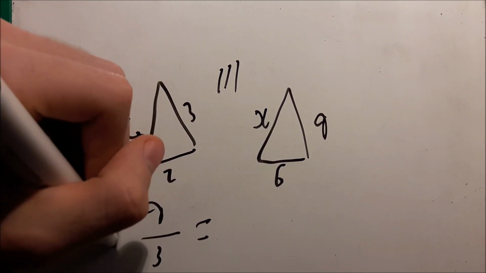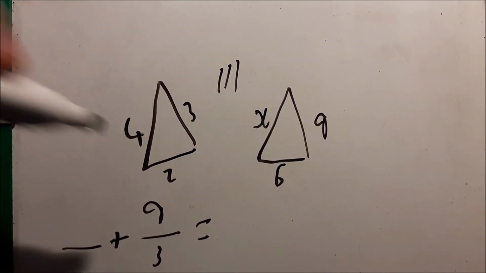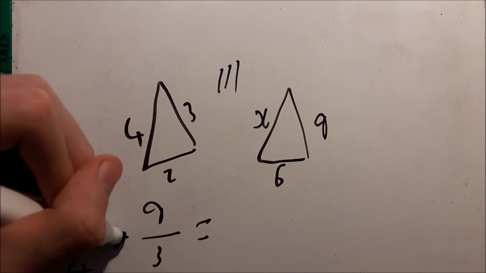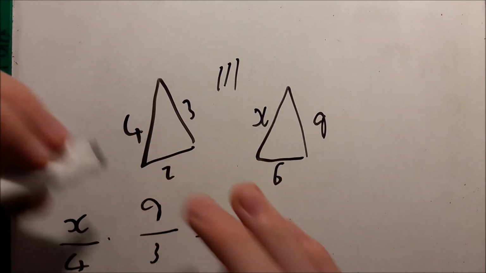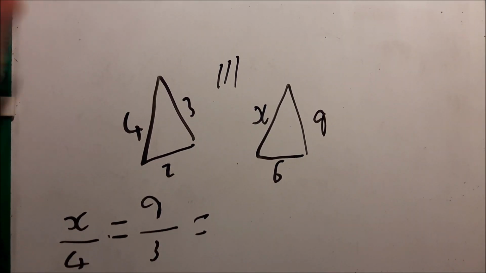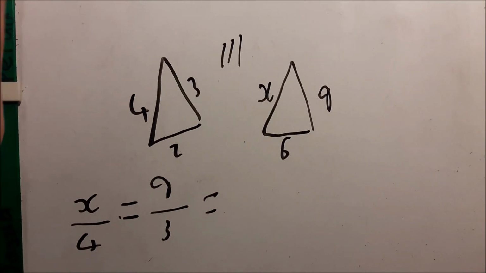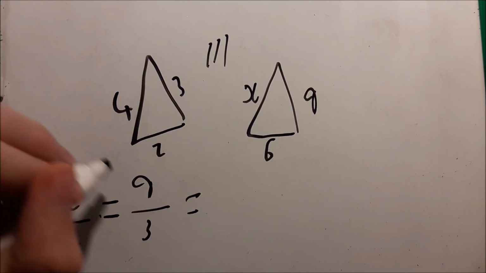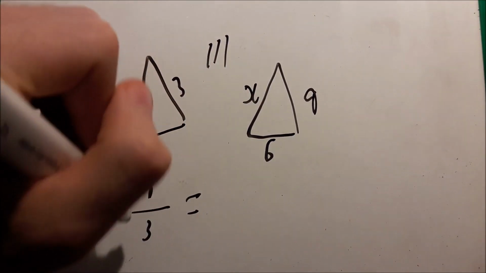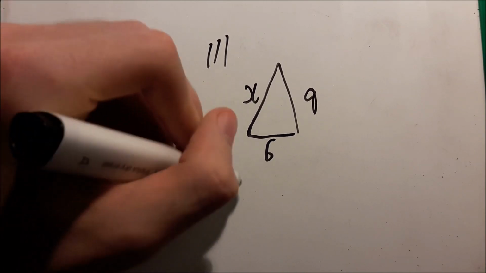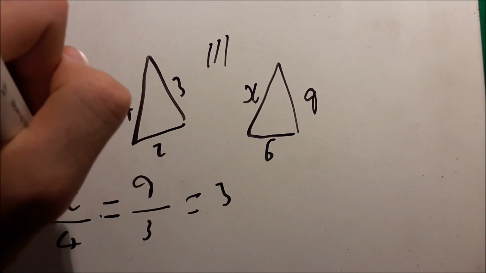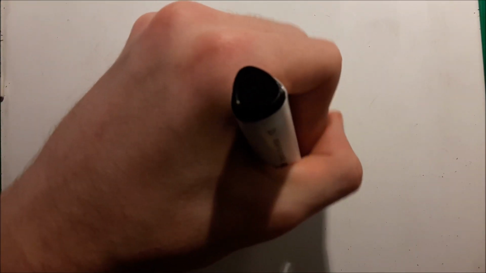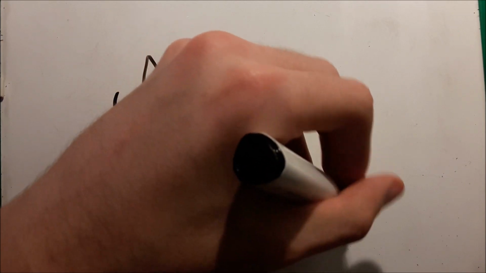Because we know that it's in proportion, we can also say that x over 4 is equal to 9 over 3, and 9 over 3 is equal to 3. Now we work out what x is. So x over 4 is equal to 3.